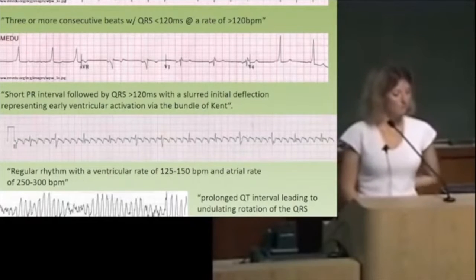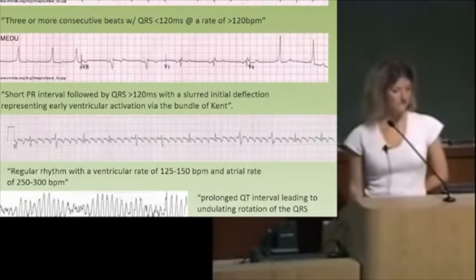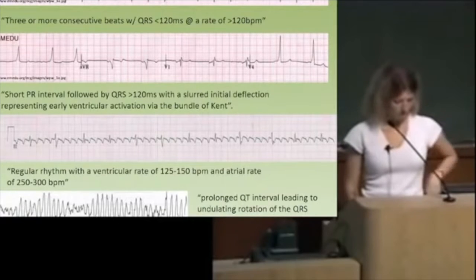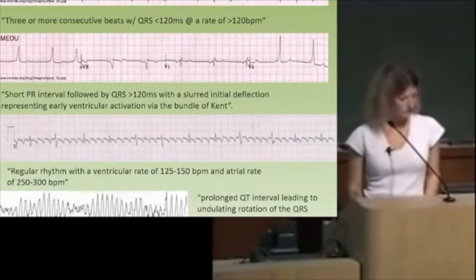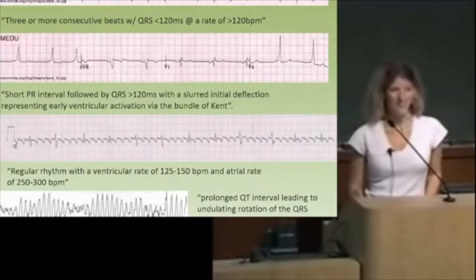So the second strip there, I don't know if you can see it. It's kind of small. Do you notice anything about this region right here? Yeah, can you convince yourself that that's a delta wave?